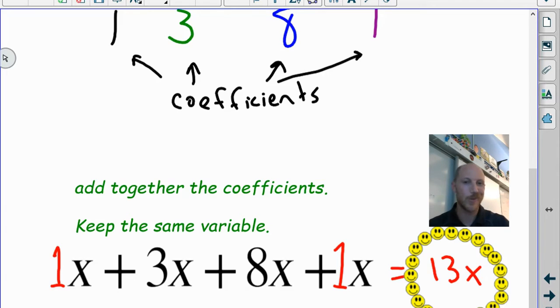When I combine them, it's still X, right? So 13X is my total. I don't have to put an S at the end or something. But what people often try to do is change that to a different letter, like X, and then you'll see, but there's 4 of them there, right? Somehow I've got to get that 4 in there, which makes sense, but that's not the way this works.